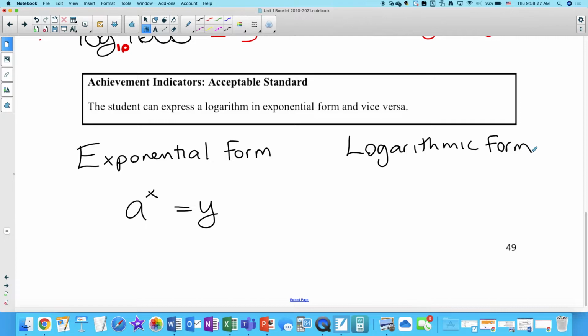So here we are going to have log with a base of a. The value of the power goes over here. So the value of a to the x is y. This goes here. And the log is the exponent. So that's equal to x.